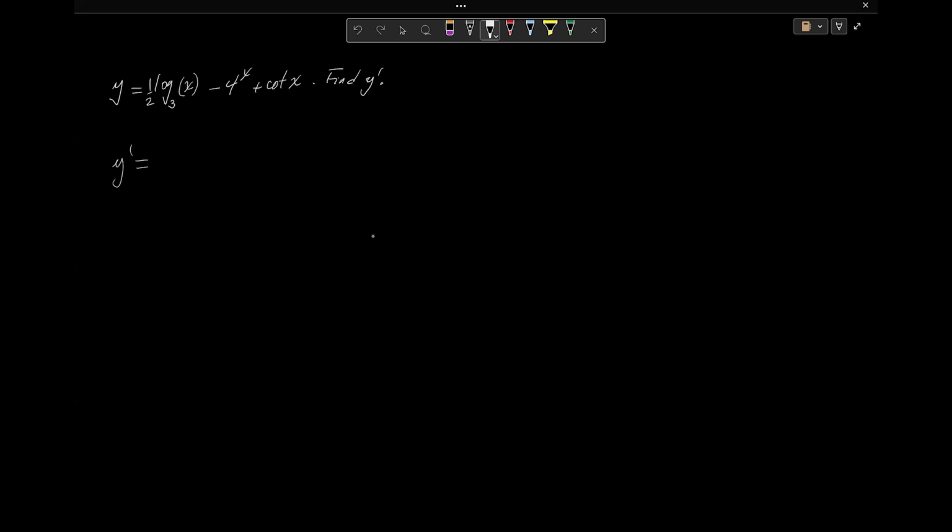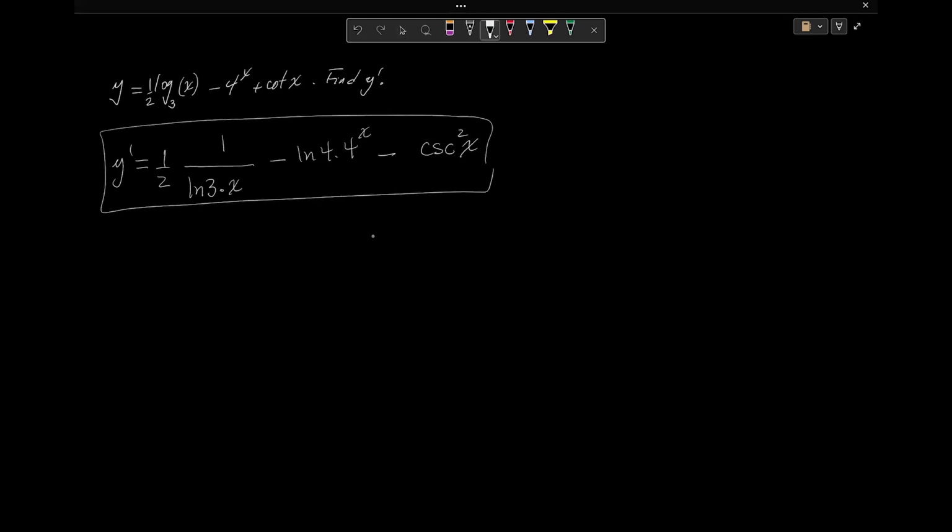So y prime, 1/2 comes along for the ride, log base 3 of x is 1 over ln of 3 times x, minus 4 to the x is ln of 4 times itself, plus cotangent of x, that's minus cosecant squared x. So the plus and the minus here, I'm going to combine them into a minus.